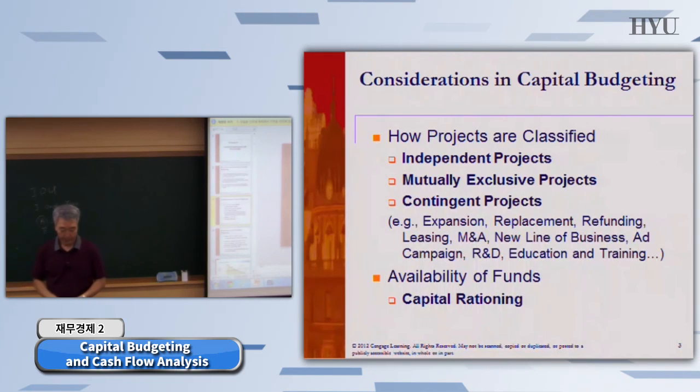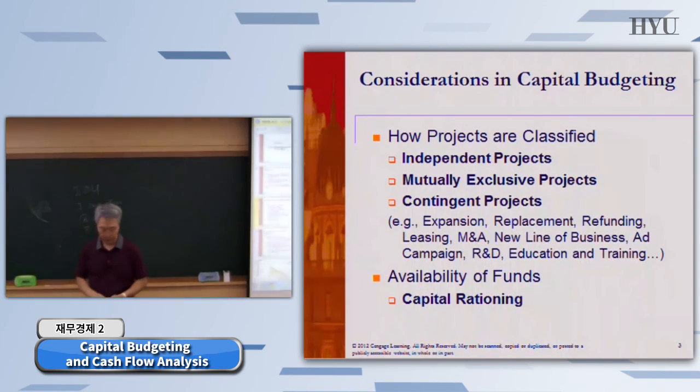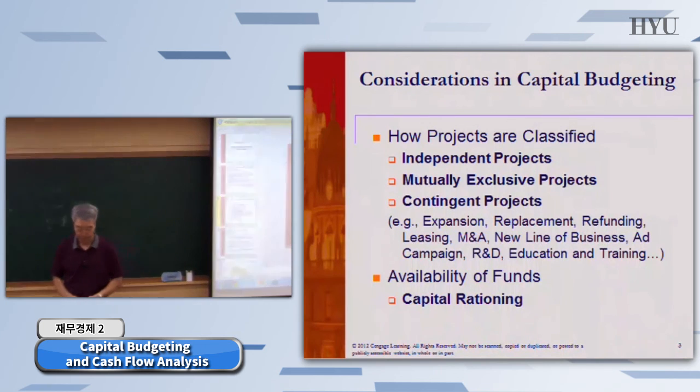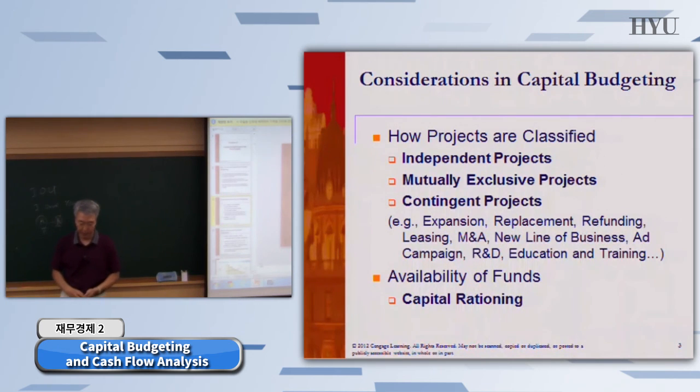So in your note, you have these many different types of projects: expansion, replacement, refunding, and so on, right? Can you think of what type of project these are? Let's say expansion. Expansion means you want to build another plant. You want to increase your productive capacity, right?